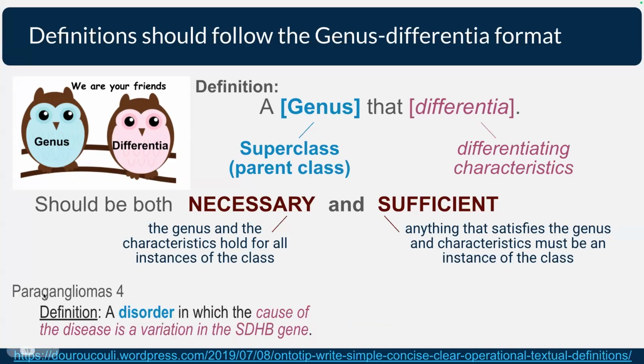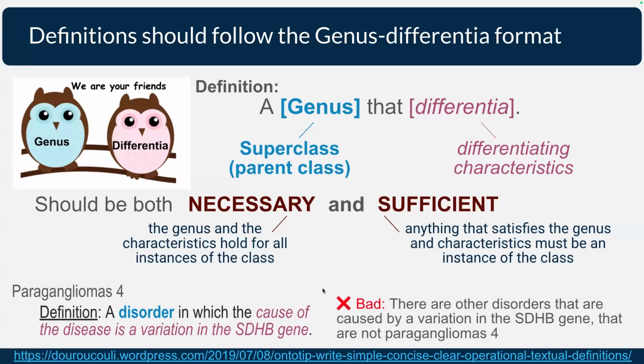So this definition for this concept is following the necessary and sufficient rules. This other example, paraganglioma 4, the definition that I have here is a disorder in which the cause of the disease is a variation in this gene. This is a bad example for necessary and sufficient, because there are other disorders that are caused by variation in this gene. So this definition is not sufficient to define this specific disease.